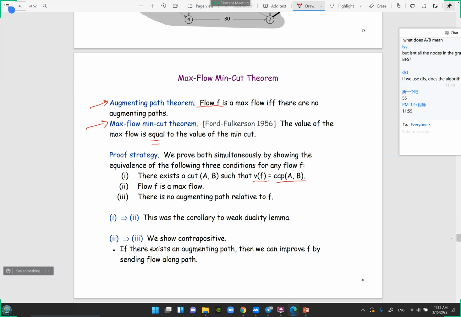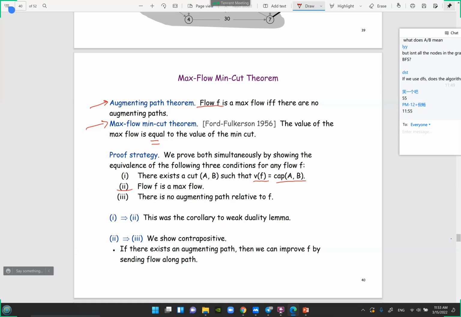So how are we going to show these three conditions are equivalent? Well, suppose you have the first condition, then the claim is that F has to be a max flow. The reason this is true is because we saw from the weak duality that the flow has to be less than or equal to the capacity. So if you have a flow which is actually equal to the capacity, then this flow has to be maximum.